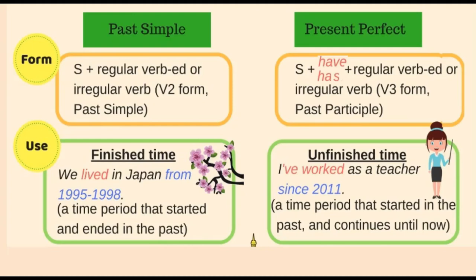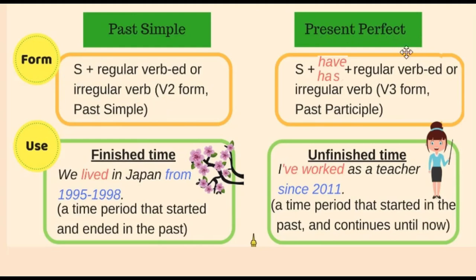Let's now see how these tenses are formed. Past simple is formed by subject. To the subject we add the second form of the verb, the past simple form of the verb. Subject and second form of the verb.